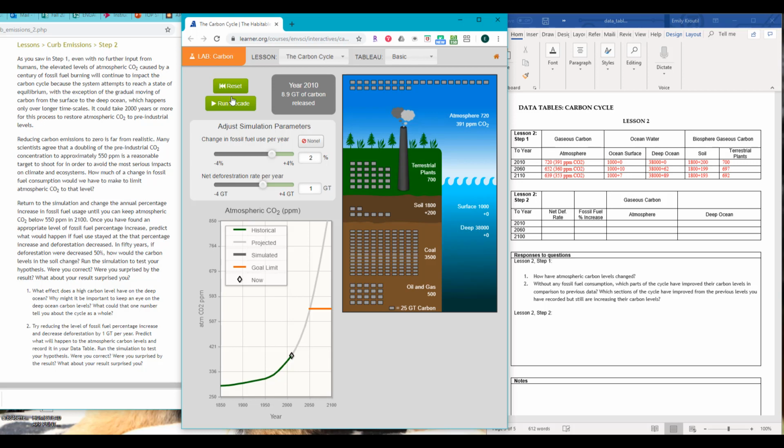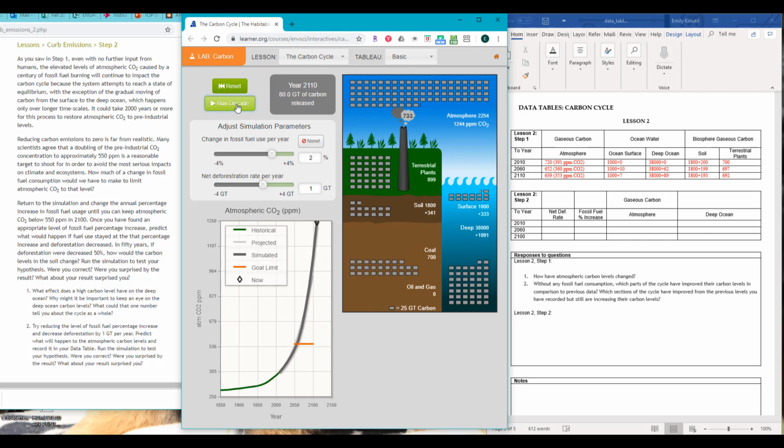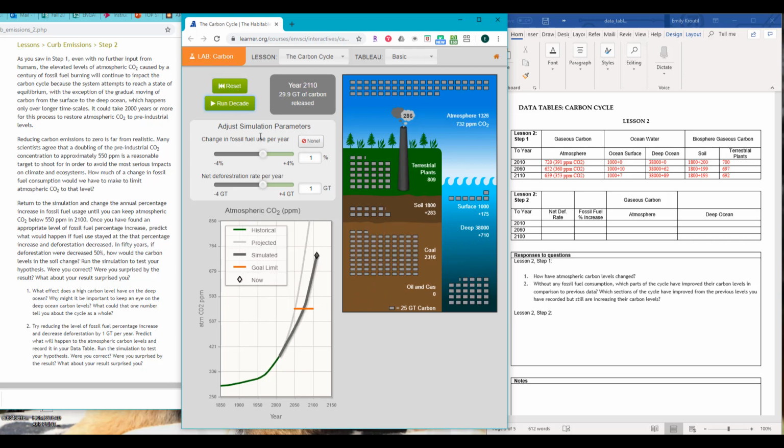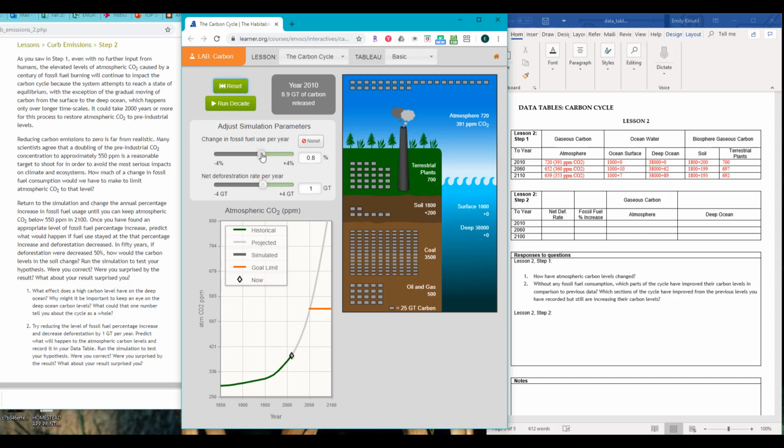550 ppm in 2100. So if I go up to 2100, right now I'm at 1244. So that's not what I want, right? So let's try, we could do this. Let's try 1, see what happens with that. Okay, we're still too high. Let's try 0.7.